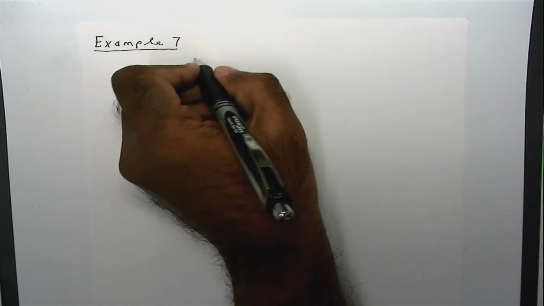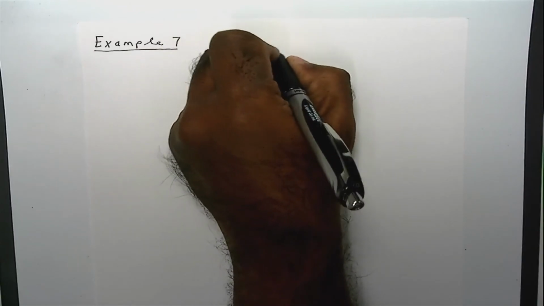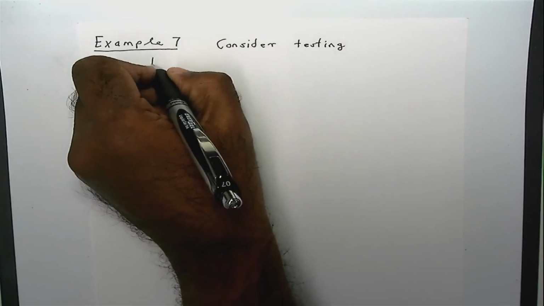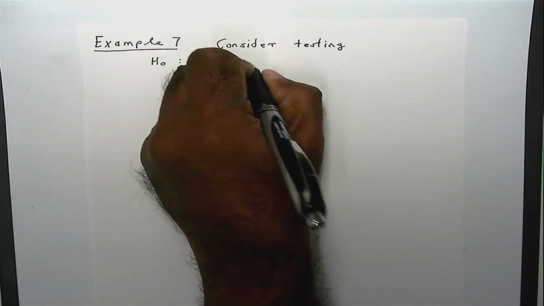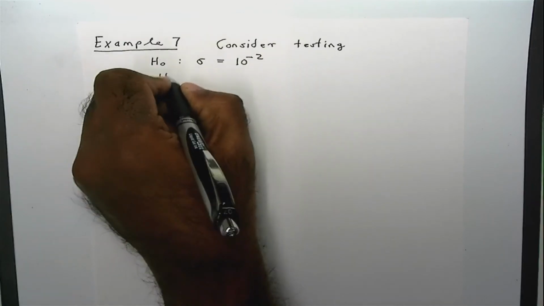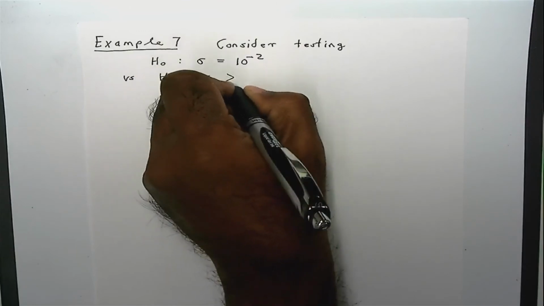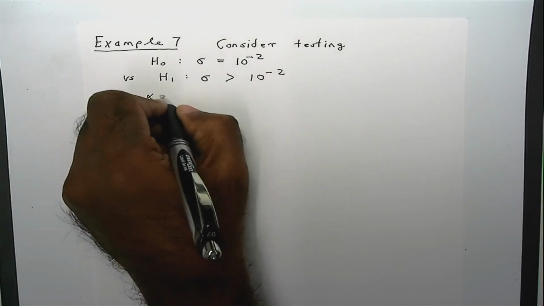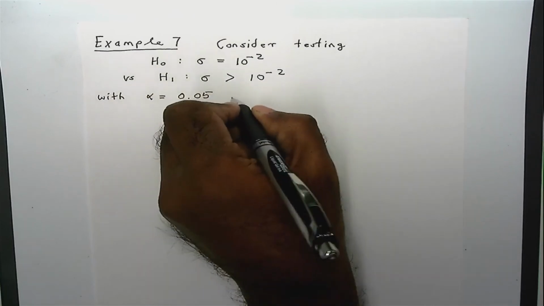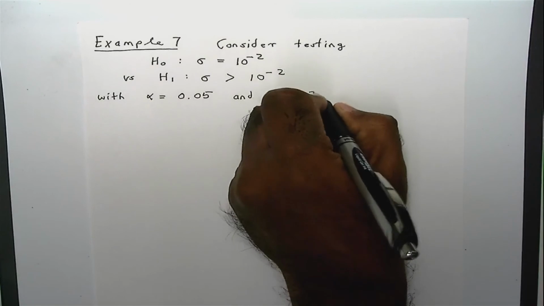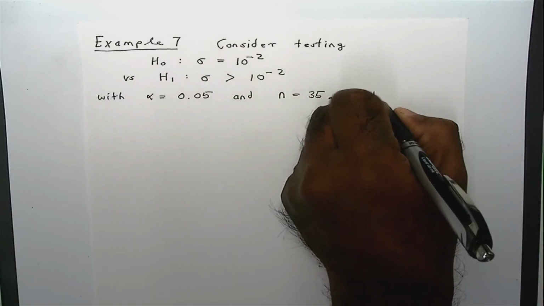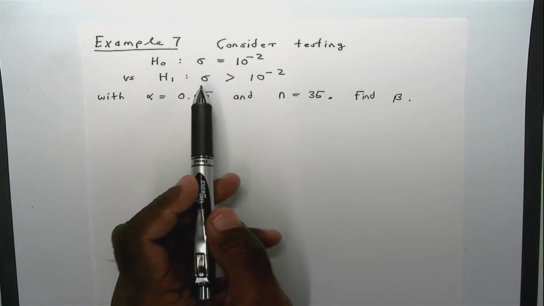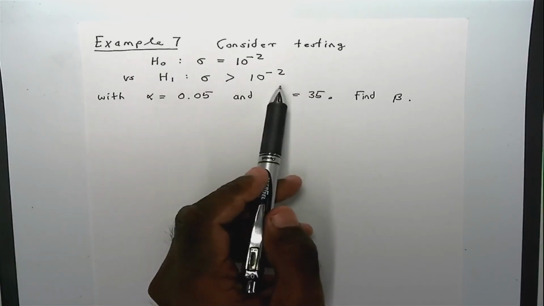Example 7. Now, consider the following. Here we are testing for the population standard deviation sigma equal to 10 to the power minus 2 versus greater than 10 to the power minus 2.